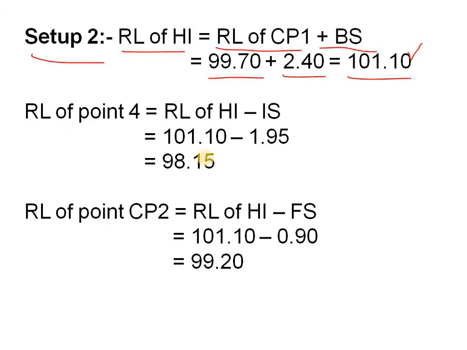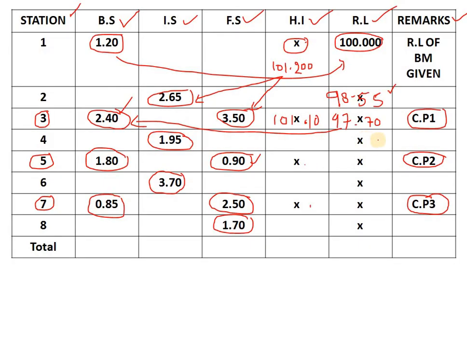Now next we have to get the RL of station 4. This one is completed. To get the RL of station 4, we have got the HI of station 3. Now we have to do HI of station 3 minus IS of station 4, which is 1.95.